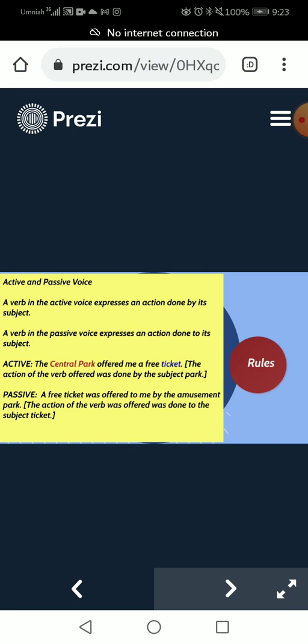Now, the action of the verb offered was done by the subject, the Central Park. In the passive, a free ticket was offered to me by the Central Park. Now, the action of the verb was offered was done to the subject ticket.